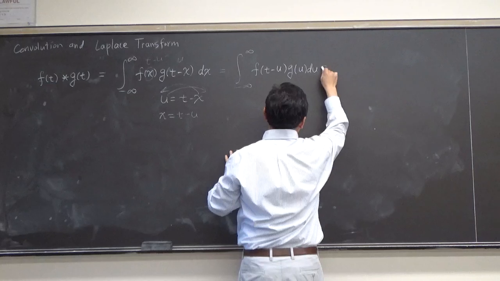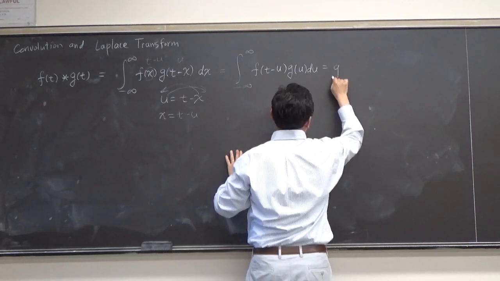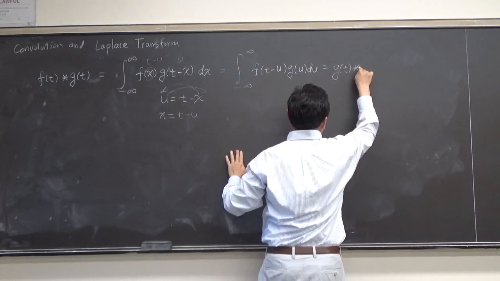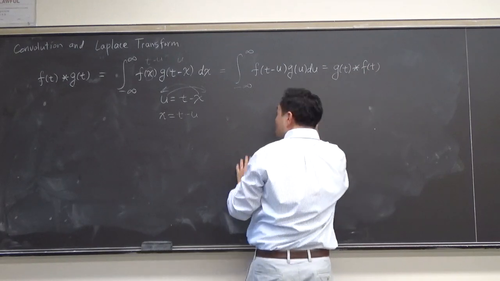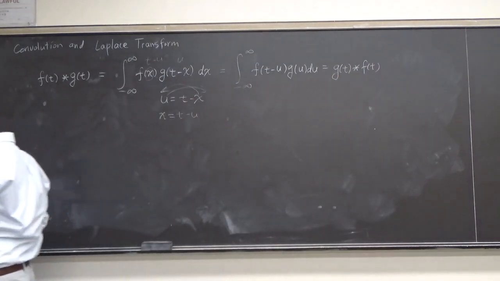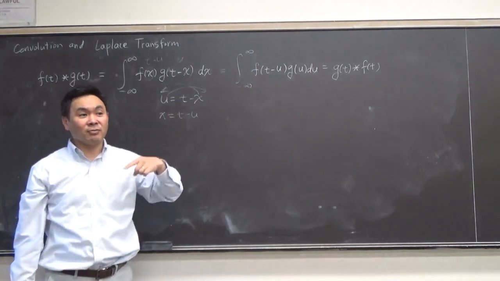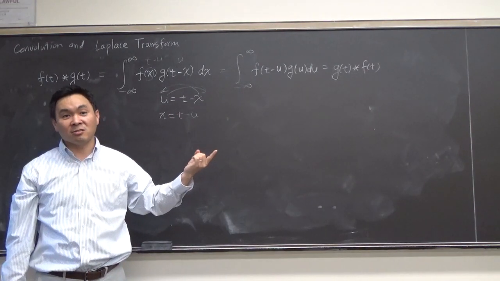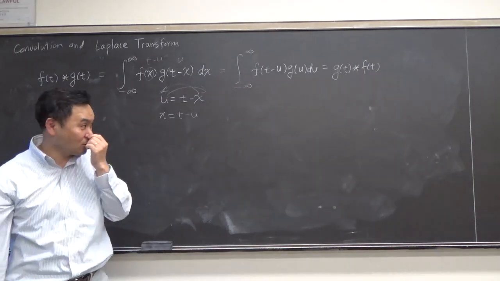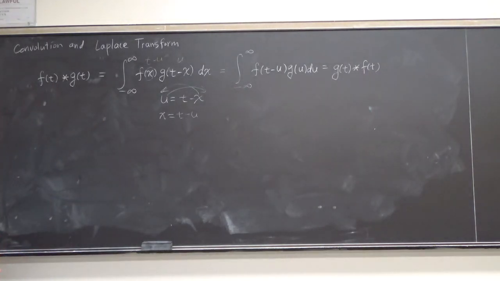But that's exactly g convoluted with f. In other words, convolution is a symmetric operator. F convoluted with g is the same thing as g convoluted with f. So that's one thing.